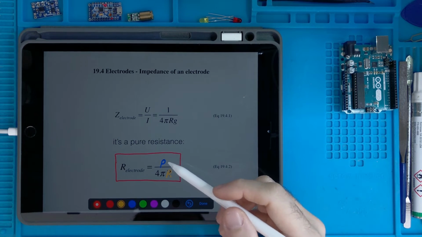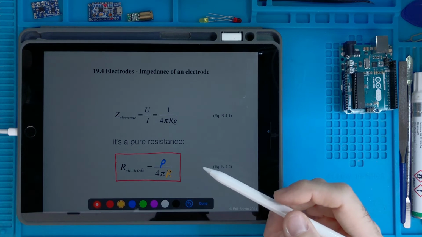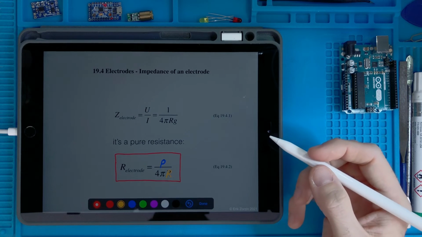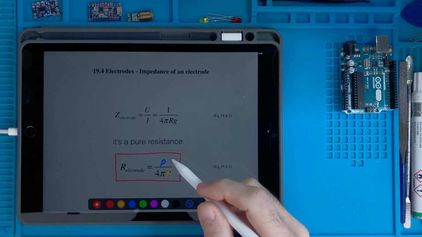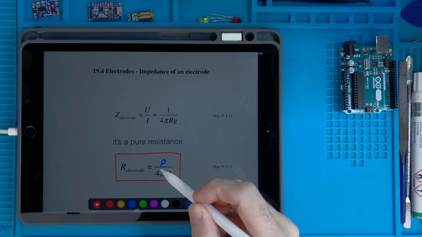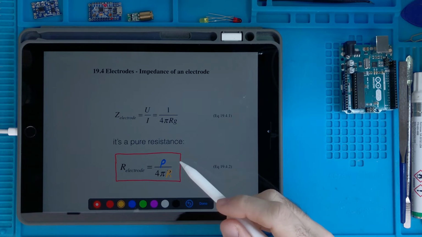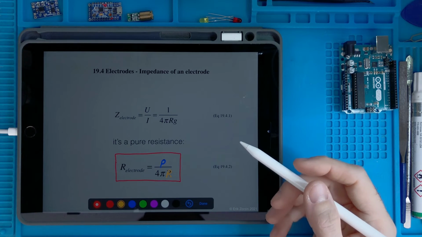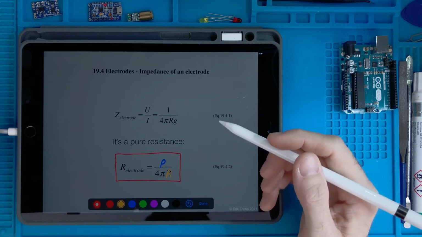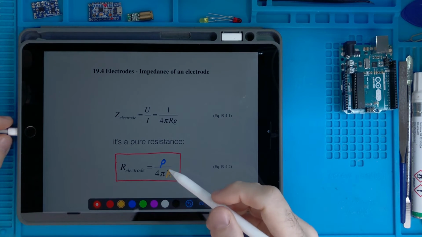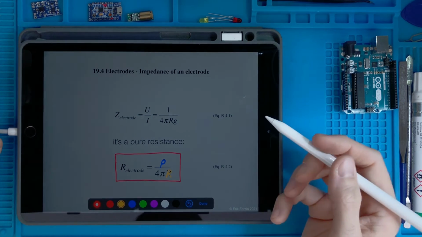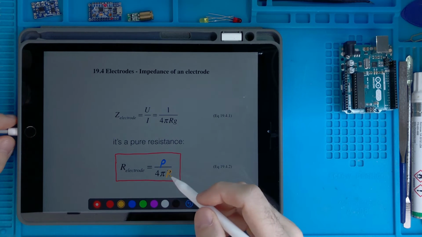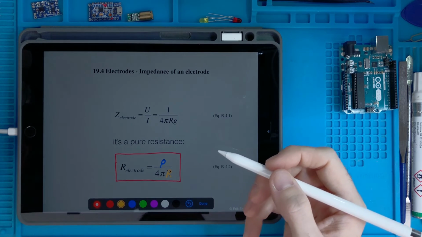It depends on the property of the fluid and the geometry of the electrode. So we see that for a given fluid of resistivity rho, and we also notice that it doesn't depend on the dielectric constant of the fluid, but only on the resistivity of the fluid. But the important thing for us to remember forever is that the resistance of an electrode is inversely proportional to the radius of the electrode.